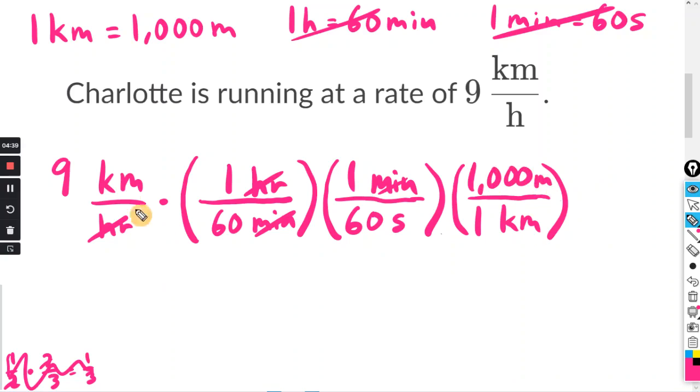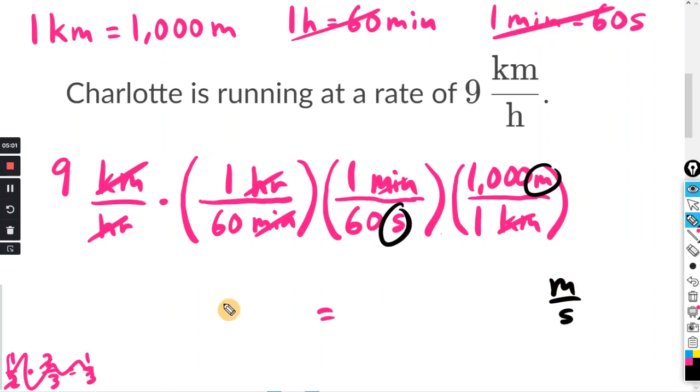All right. Now, these are all multiplied, so kilometers divided by kilometers cancels. And as you can see, the only unit we have left in the numerator is meters, and in the denominator it's seconds. So that's what we wanted, meters per second.